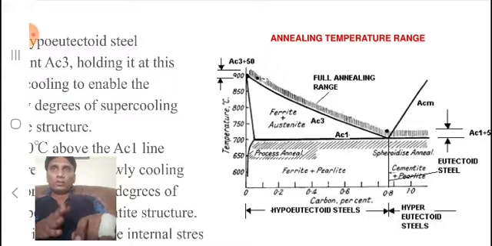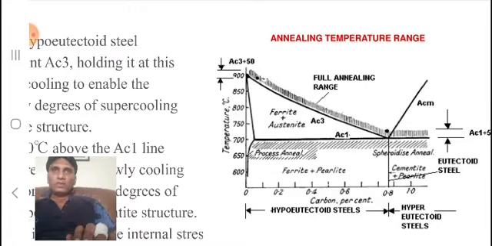So, whatever the carbon content present around 0.025 to 0.8%, all those carbon steels will form ferrite plus perlite, and for hypereutectoid steels, that is steels having carbon content more than 0.8% and up to 2%, those steels are not heated above the ACM line.